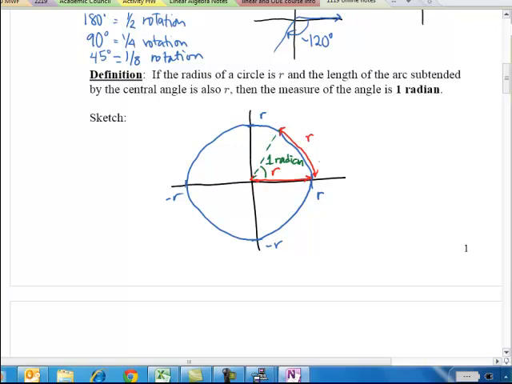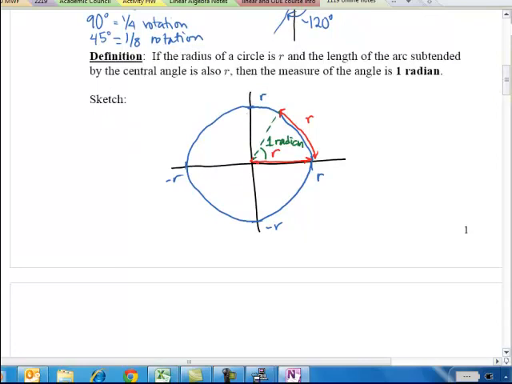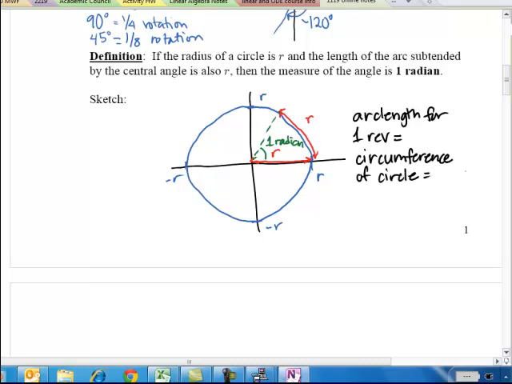If we want to know how many radians are in one circle, you might already know, but what we can think of is that the arc length for one revolution is exactly the circumference of the circle. And you probably, maybe hopefully, remember that the circumference of a circle is 2 pi times the radius, or 2 pi r.